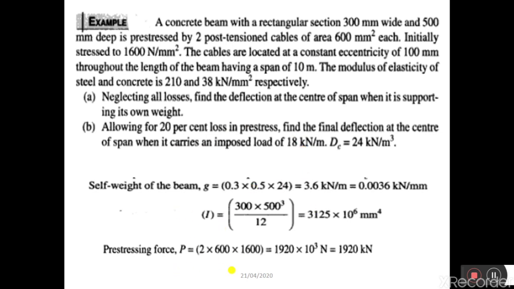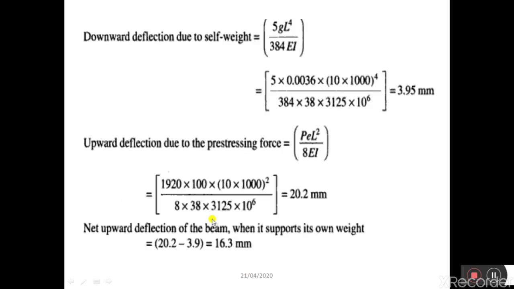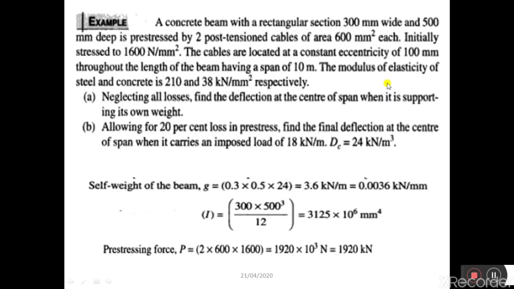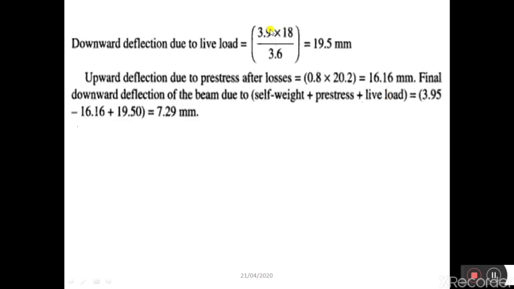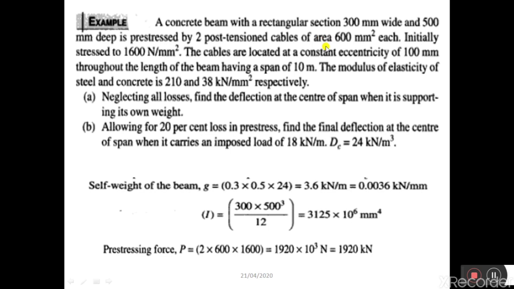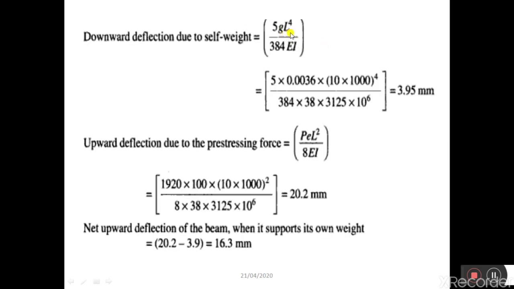The deflection due to self weight is 3.95. So using that concept we are calculating downward deflection due to live load, or else we can also directly use this equation 5wL⁴ by 384EI.